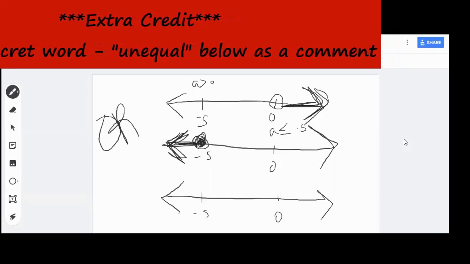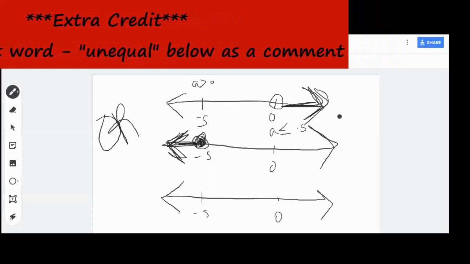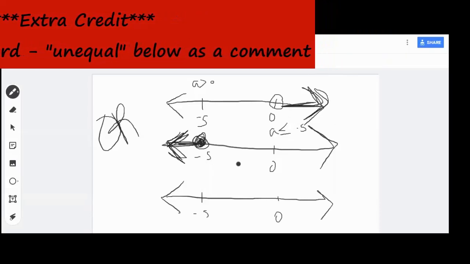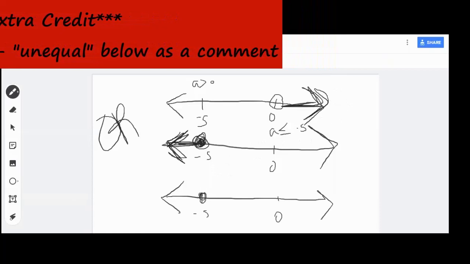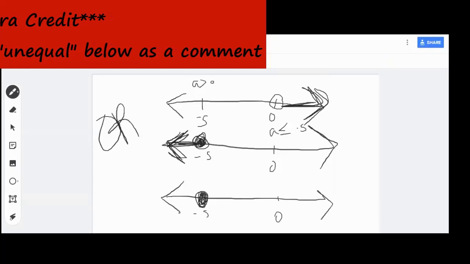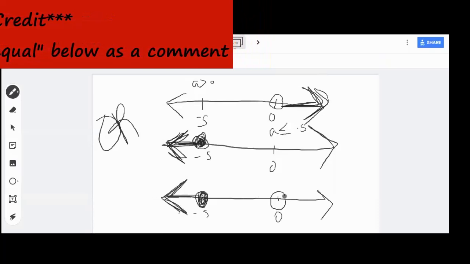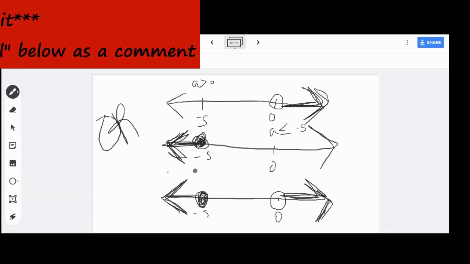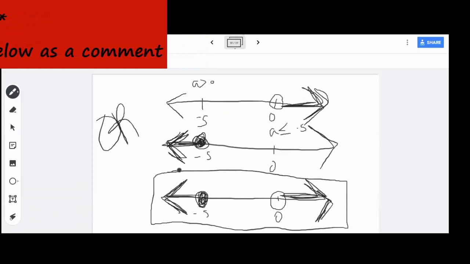Once again, for an OR problem, you take all the possibilities, the possibility from option 1, the possibility from option 2, and everything has to go on the final answer graph. So we're circling in -5, shading this way, and open circle on 0, shading this way. And that is your final answer as a graph.